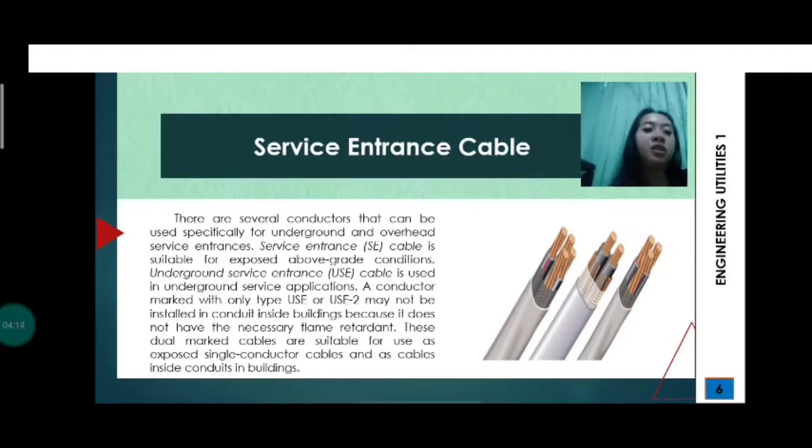Underground service entrance or USE cable is used in underground service application. A conductor marked with only type USE or USE2 may not be installed in conduit inside the buildings because it does not have the necessary flame retardant. That is the service entrance cable.